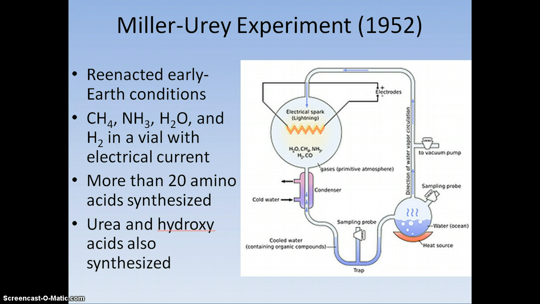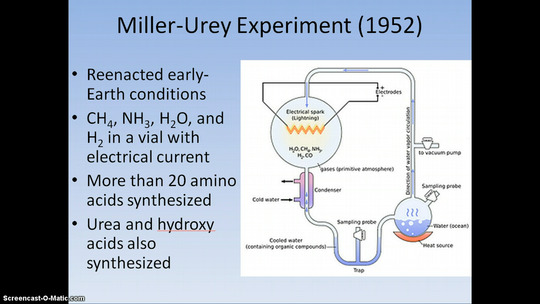So his experiment: Stanley Miller teamed up with Harold Urey in 1952 to reenact early Earth conditions to essentially prove that organic molecules could be created through what they knew was already in the environment. So on the diagram on the right, there is an electrical spark inside of a glass case, which has H2O, CH4, NH3, hydrogen gas, and carbon dioxide.